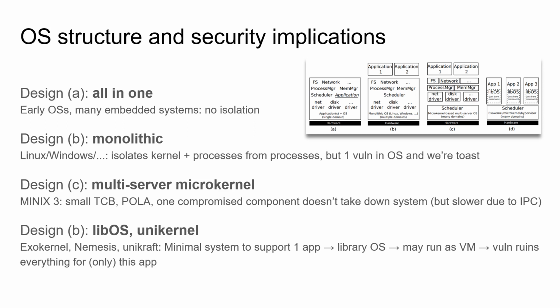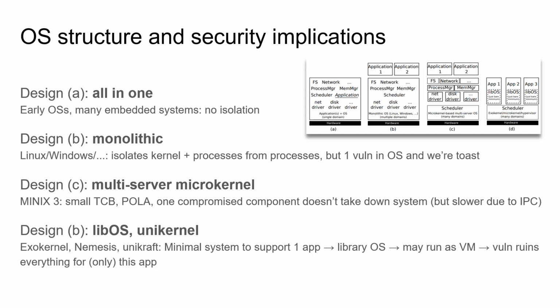The kernel is separate from all the processes, and all the processes are separate from all the other processes. But the operating system itself is still a single monolithic blob, and that means that even a single vulnerability there, one security bug in the operating system, may compromise all of the security of not just the operating system, but every single application also.